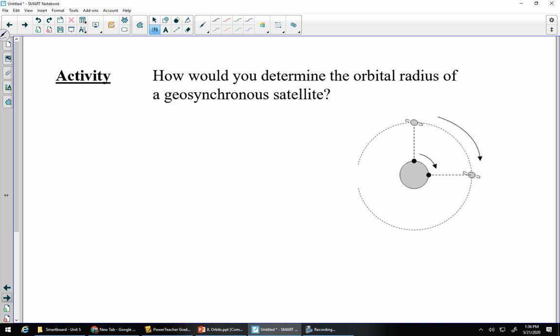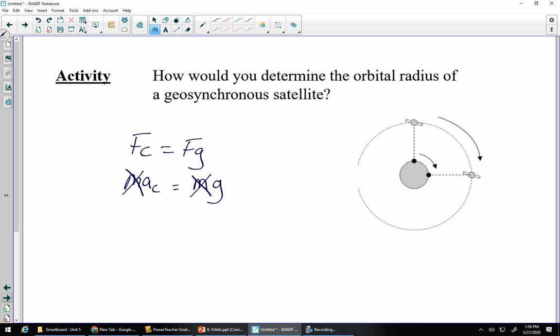So let's just think about this. How would I determine the orbital radius of a geosynchronous satellite? How could we do that? If you're thinking to yourself the same thing that we were thinking before, F_C is equal to F_G, you are spot on. So we expand on that: m a_C is equal to m times g. Remember, the mass of the satellite is the thing that cancels.